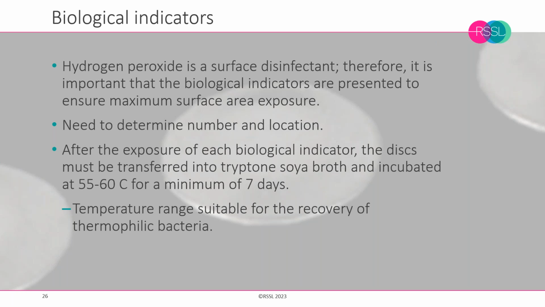Some elect to go longer in case of slightly damaged spores, but the pharmacopoeia minimum is 7 days. There are now coming onto the marketplace enzymatic indicators, and these can provide a rapid time to result, and literature suggests that they have good equivalency to the classic biological indicator.